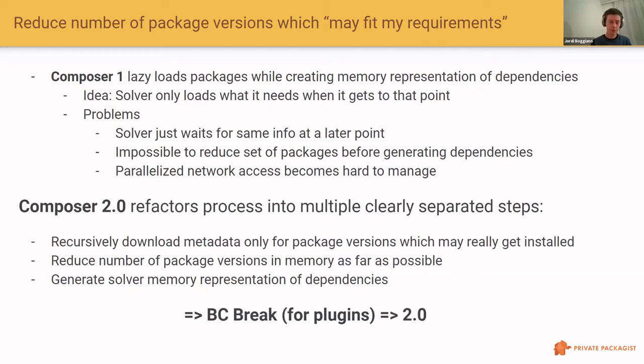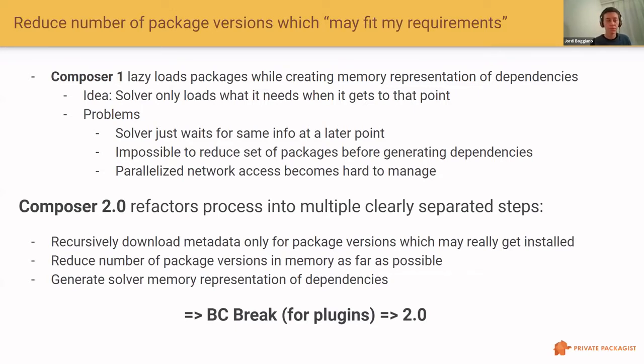So the solver itself was looking at the dependencies and finding a new package it needed, and then going, okay, let's look up if this package exists, load the versions, and then load that up, and then find the next ones that are needed, and then load these up and so on. And that made the whole process super complex because all the code was kind of glued together there. And ultimately, you don't really save any time because you do end up loading all the packages anyway.